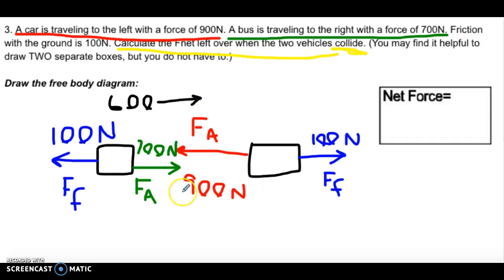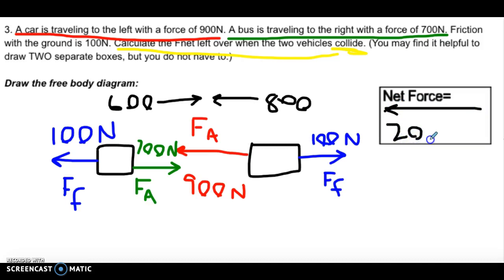And then over here, the car going to the left, I have 900, take away 100 will give me 800 newtons. So I just have a subtraction problem here. Turns into the leftover force would be 200 newtons going to the right. And that's it.